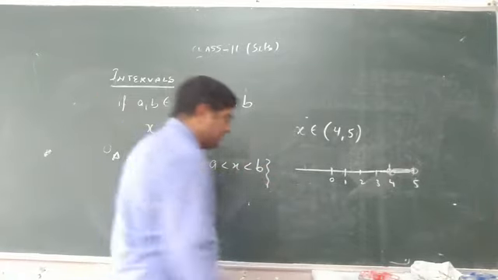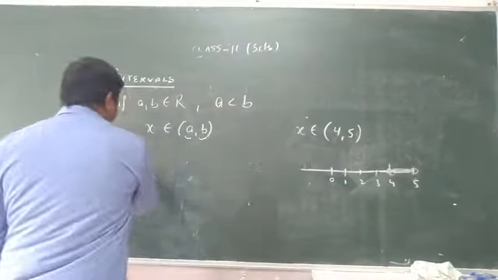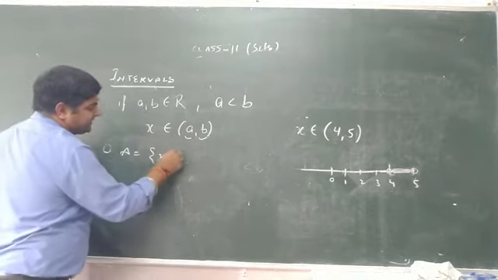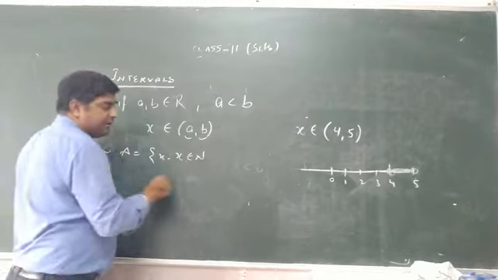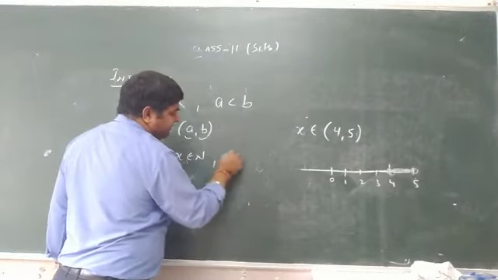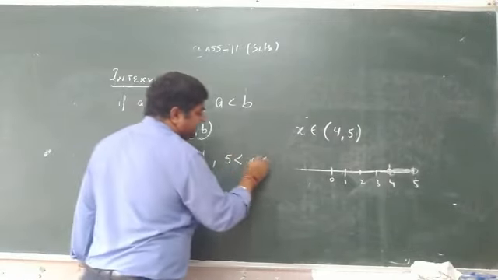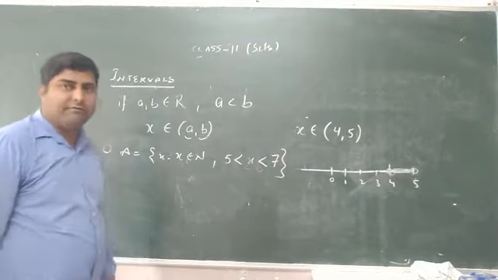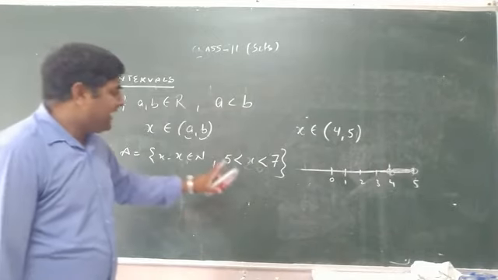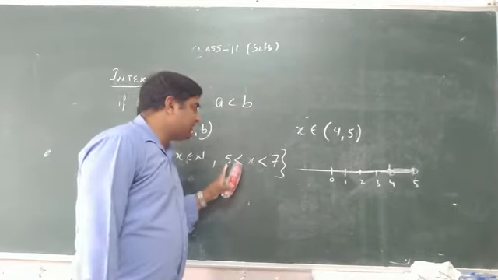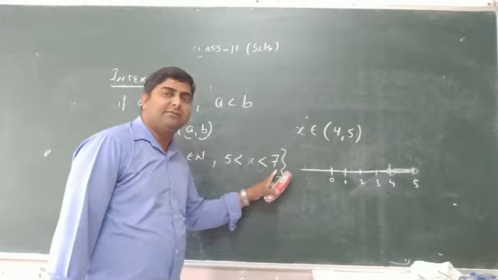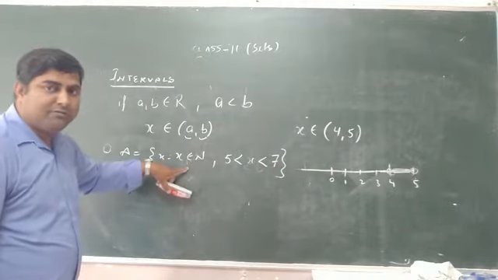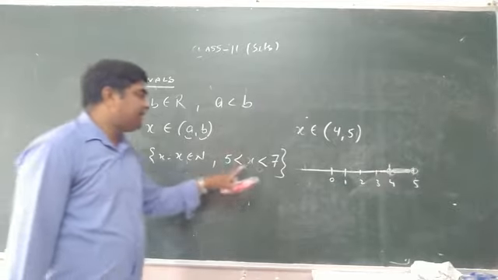Let us take another simple case. We say A is a set {X such that X belongs to natural numbers and 5 < X < 7}. What are the values of X? In this case, X is greater than 5 but smaller than 7 and X is a natural number. So which value comes between 5 and 7?